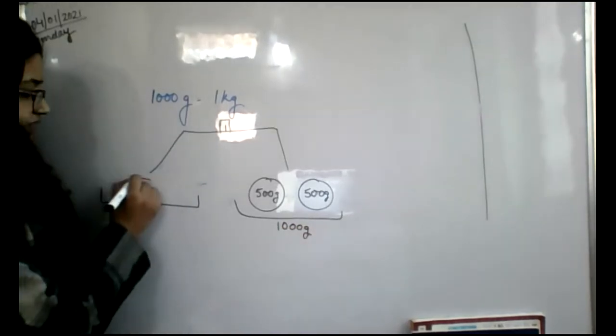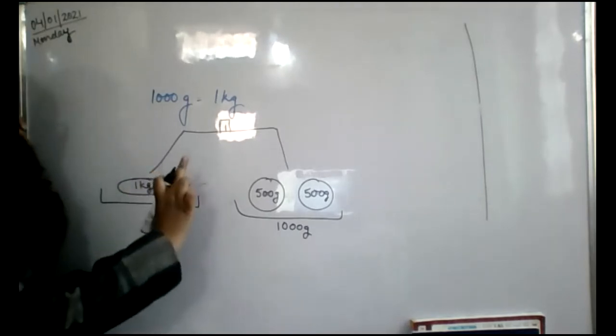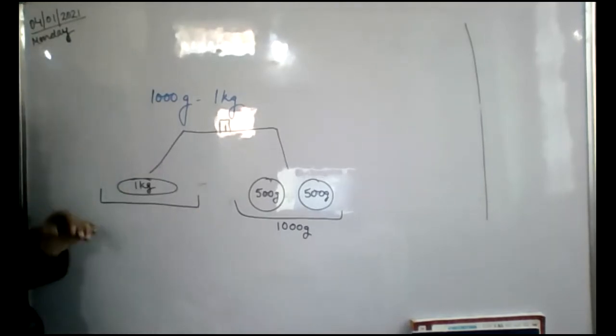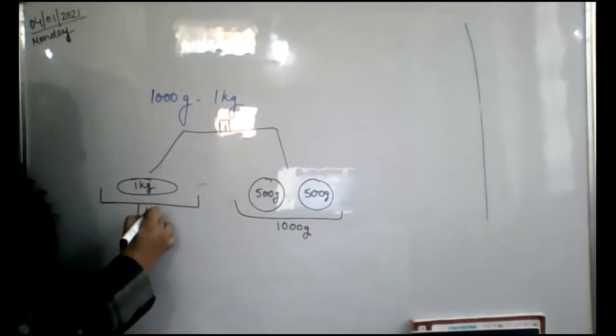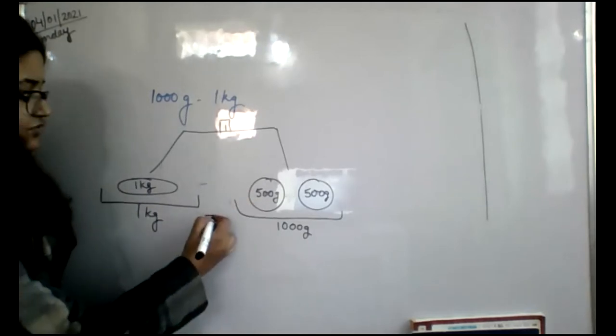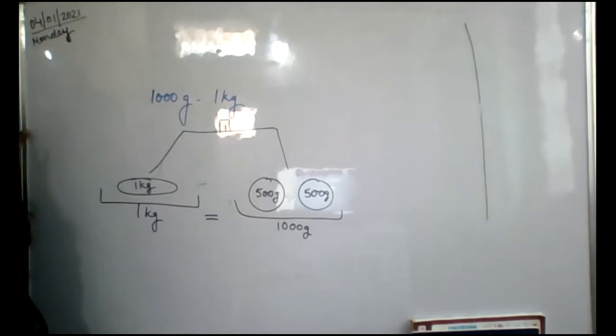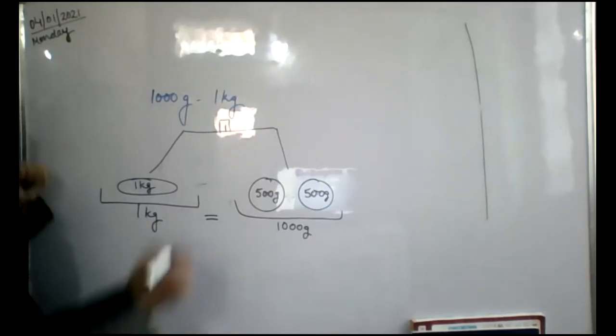And if I put a 1 kg weight here, will it be equal? Will the balance stay level? Which side will be greater, which side smaller? 1 kg only. 1000 gram is equal to 1 kg. 1 kilogram is equal to how many grams? 1000 gram. How do we know?